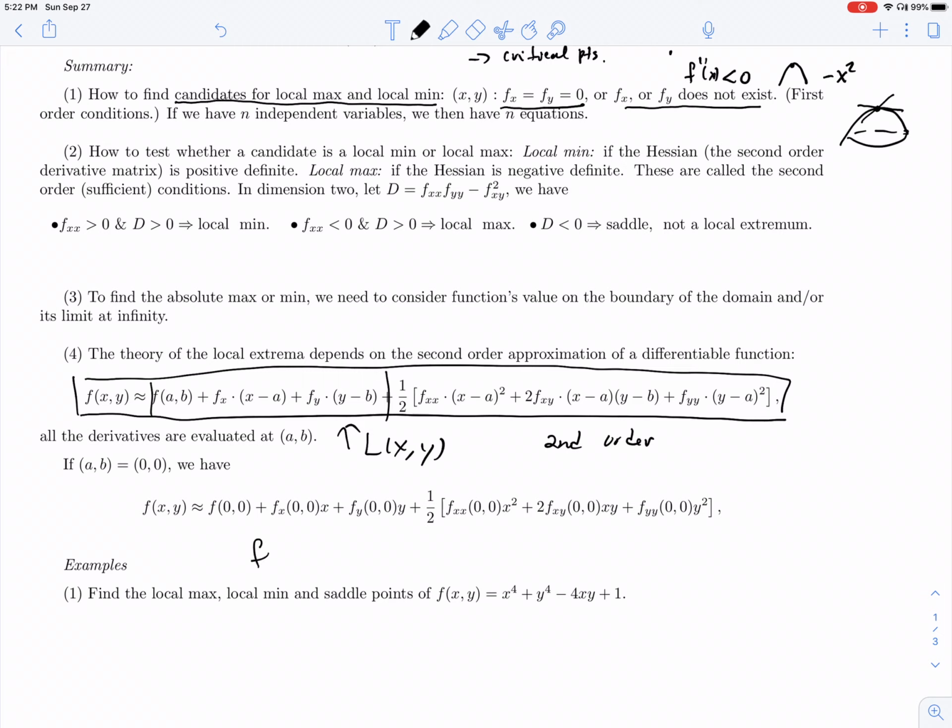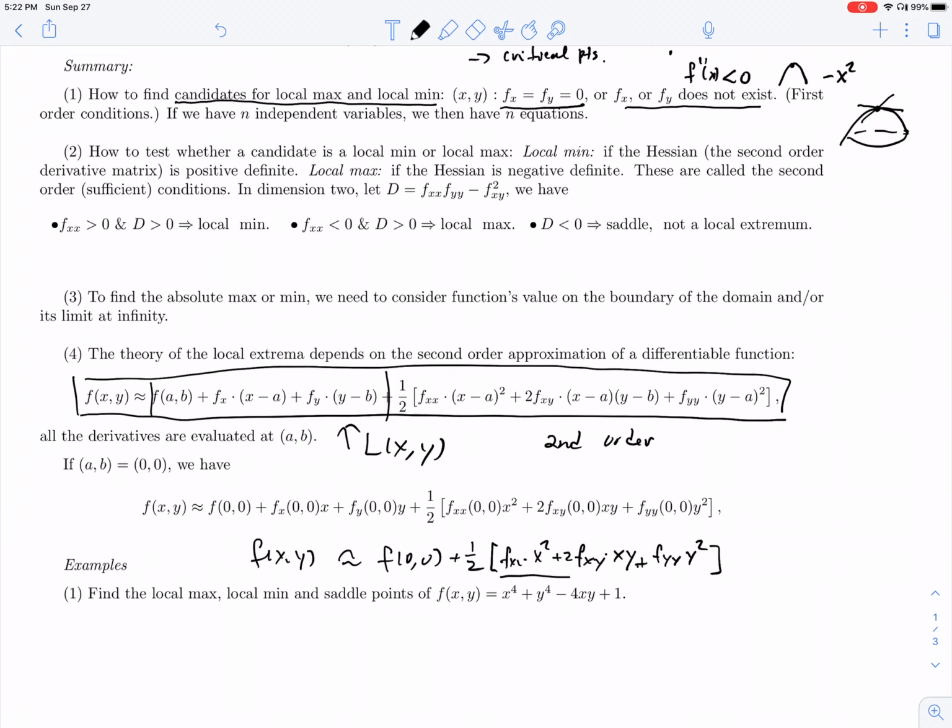So we have f of x, y is approximately f of 0, 0, at 0, let's say, plus 1/2 times the second order terms. That's fxx times x squared, where all these double derivatives are evaluated at 0, and then plus fyy times y squared.